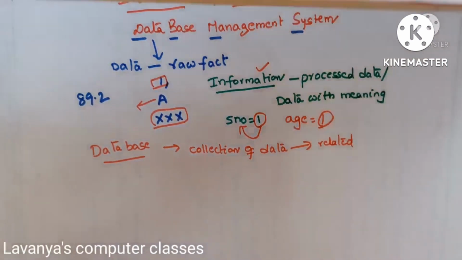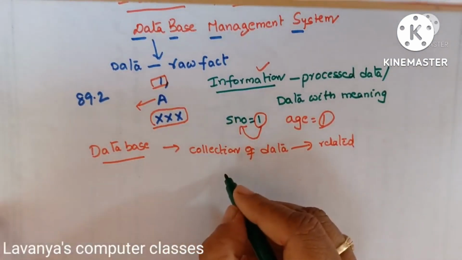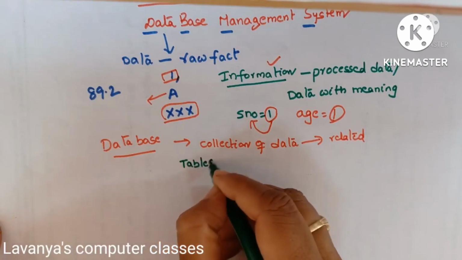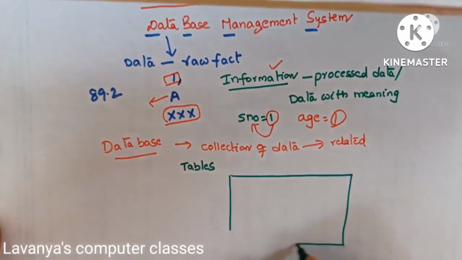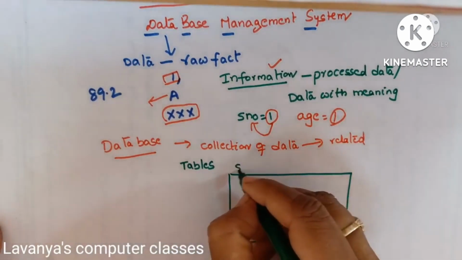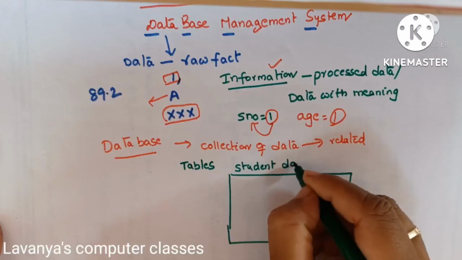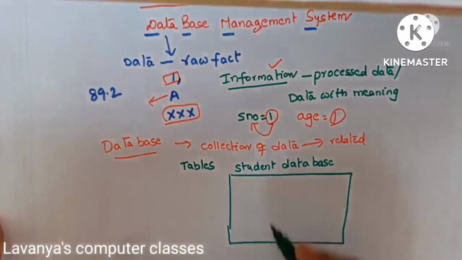Collection of related data is called a database. A database is also stored in the form of tables. For example, I want to collect a student database. Student database means a collection of students' information stored in a table format.